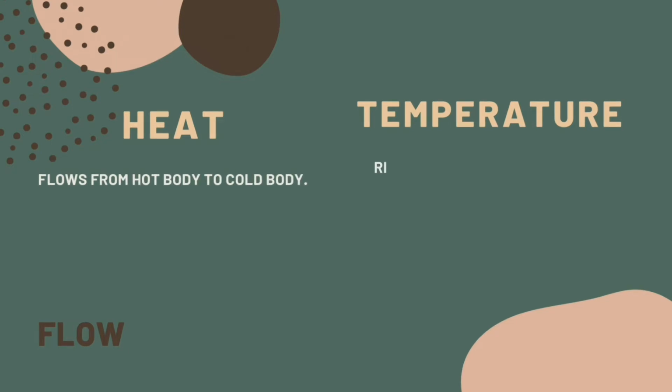For temperature, it will rise when it is heated and fall when it is being cooled. Now, for temperature, it is important to remember the conversion formulas used to find the temperature in degrees Celsius, Fahrenheit, or Kelvin.